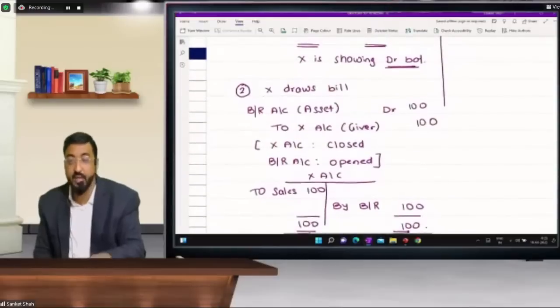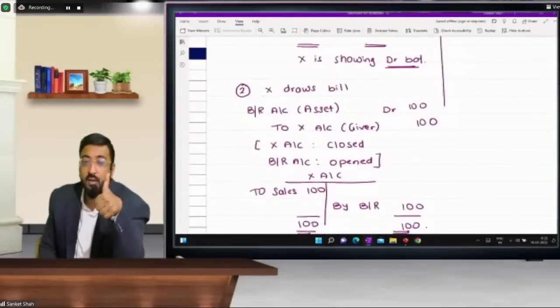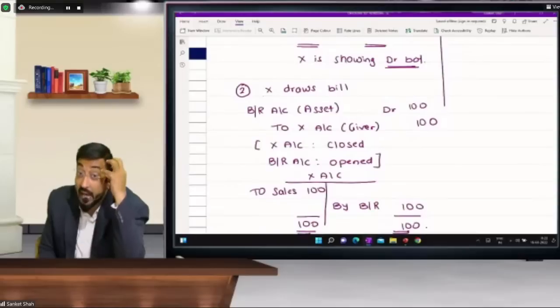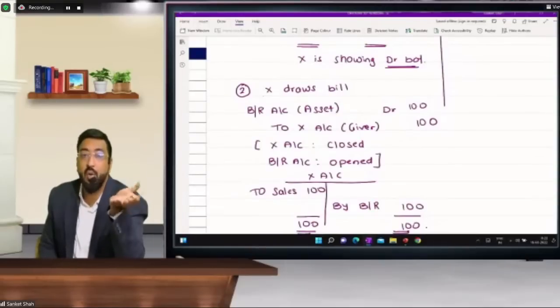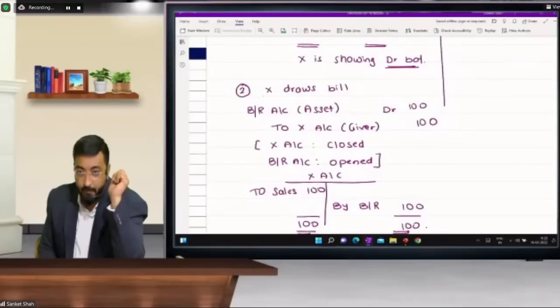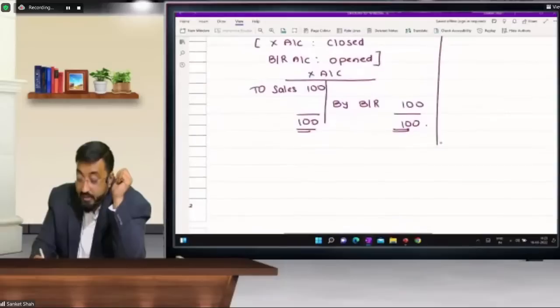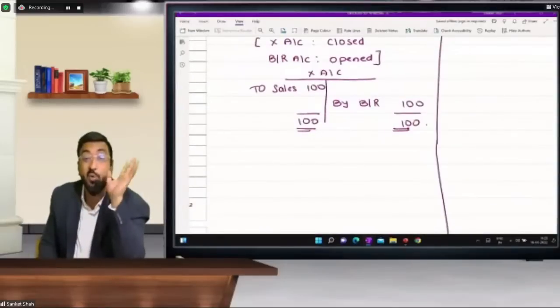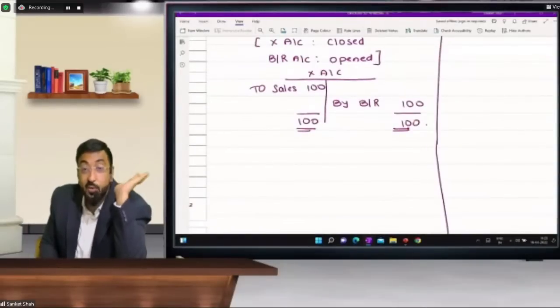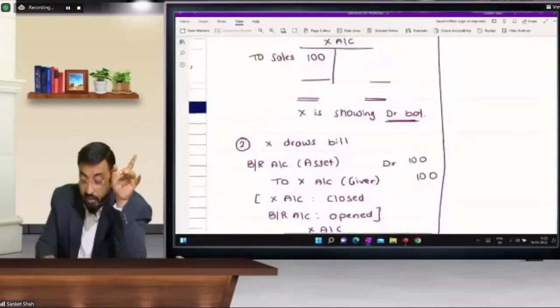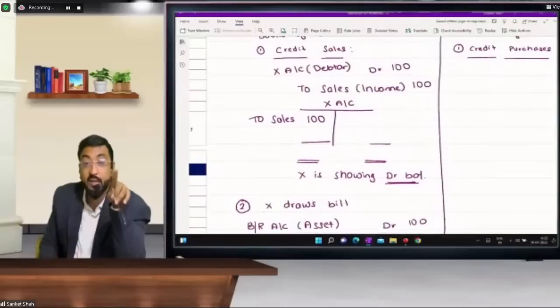So sir, how do you think? I'm not just memorizing all entries by heart. I can visualize X account. I can visualize bills receivable account, and that's why my accounting is perfect. Okay. So sir, I can visualize these entries. Sir, in 11th, 12th standard, we have not visualized what is the X account, how it is opened, how sales account is opened. See beta, sales account is showing credit balance. X account was debit. Did X give money or not? X drew a bill.